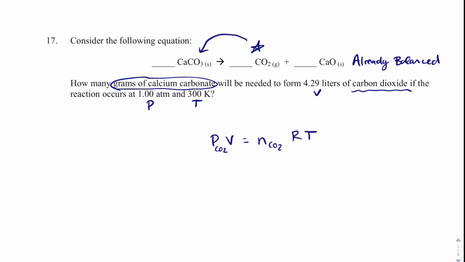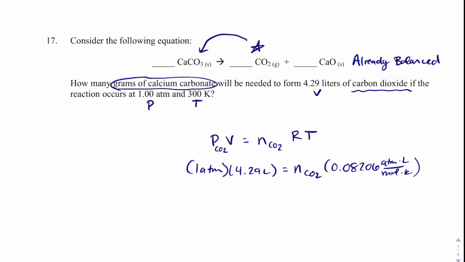That's called the ideal gas law. We'll plug in 1 atmosphere, 4.29 liters. That equals n of CO2, times 0.08206 atm times liters divided by moles times Kelvin. And then our temperature is going to be 300 Kelvin.